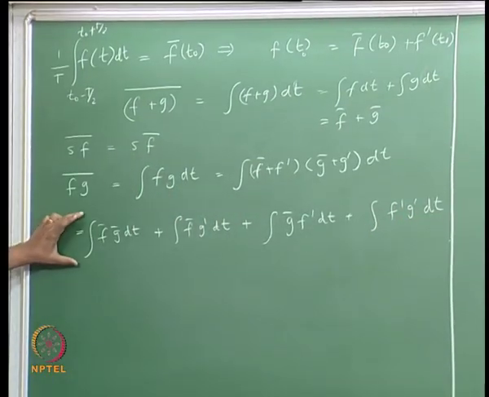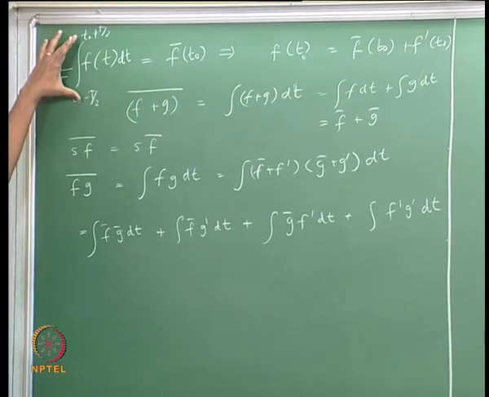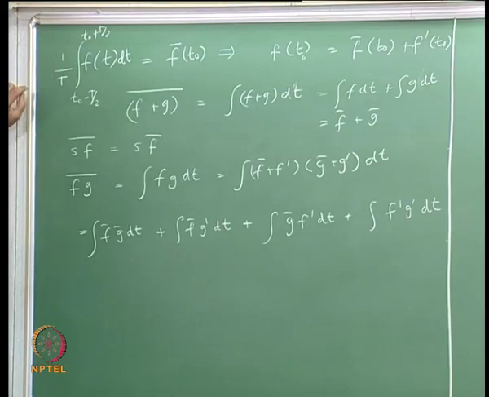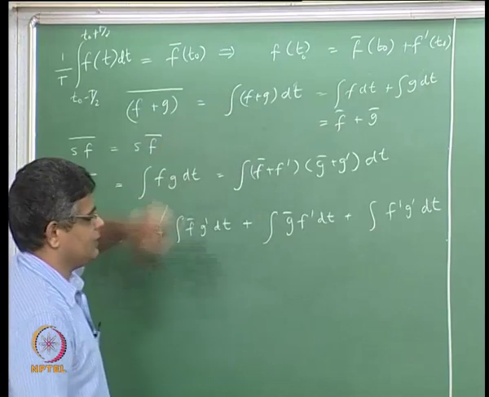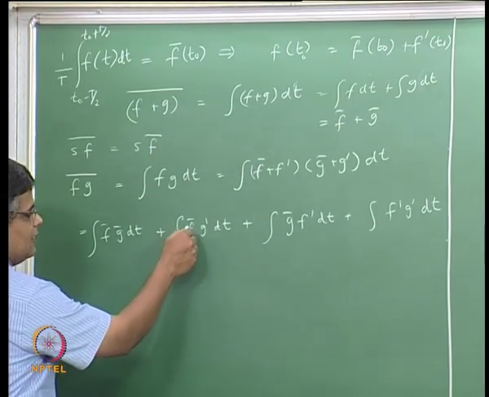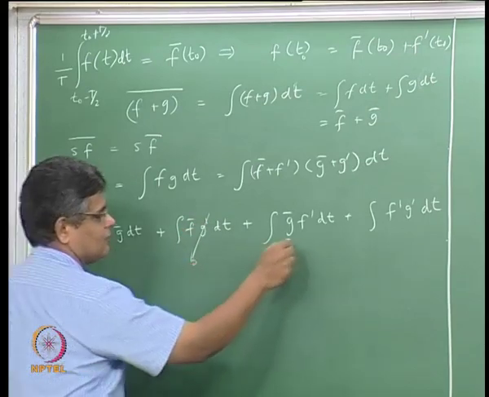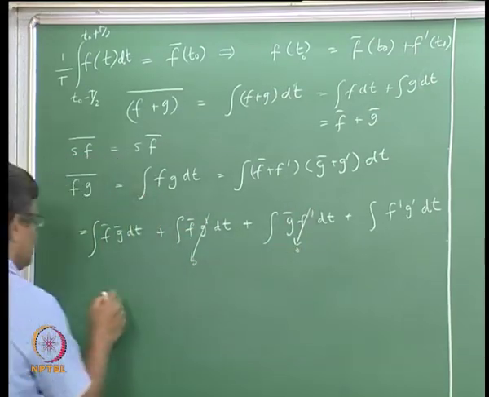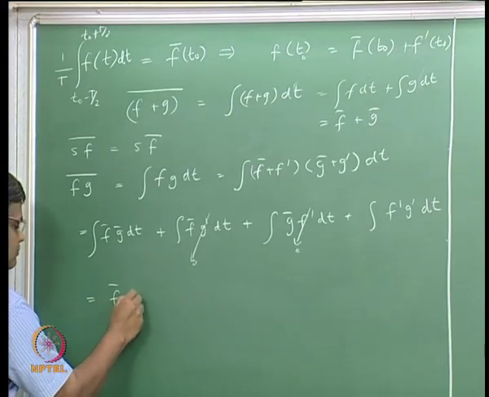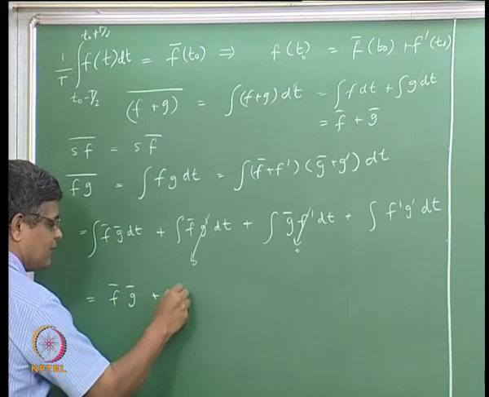and each of these integrations is carried out over this time period capital T, during which f bar and g bar are by definition constant. Therefore, they come out of the integral. When you integrate, this term goes to 0, and similarly this goes to 0, leaving us with f bar g bar plus the average of f prime g prime.